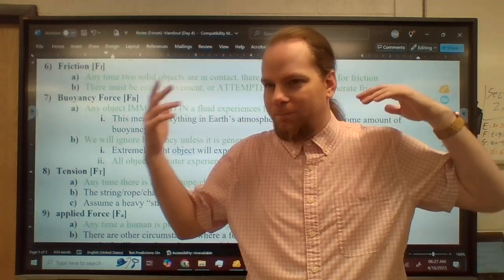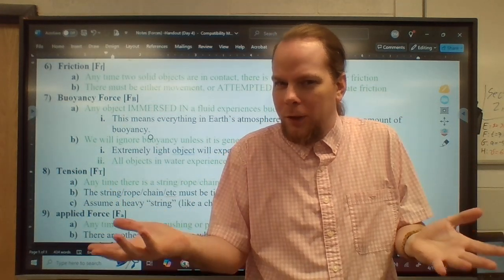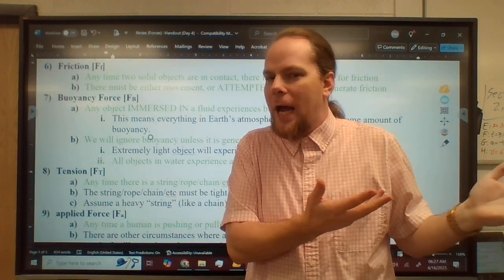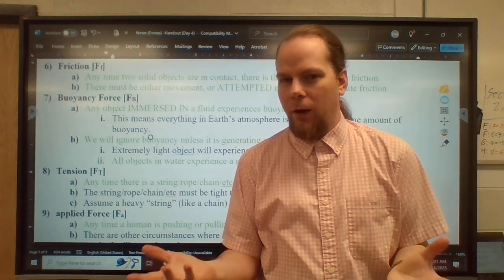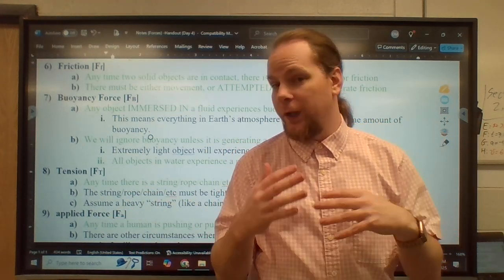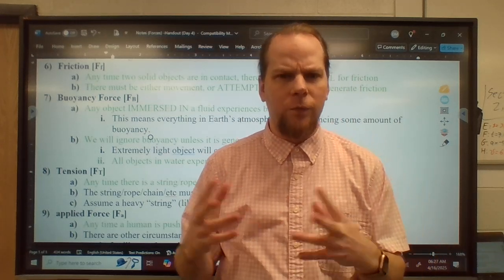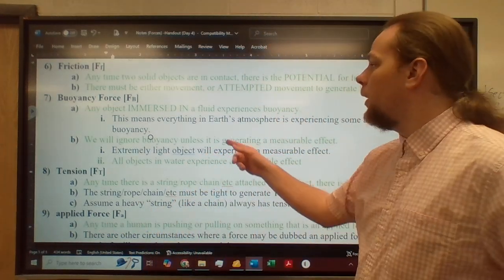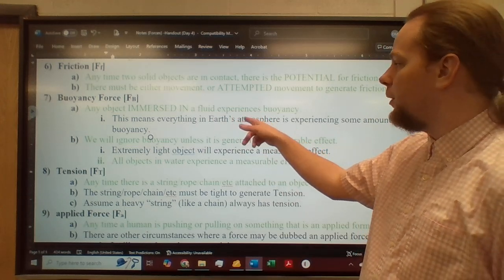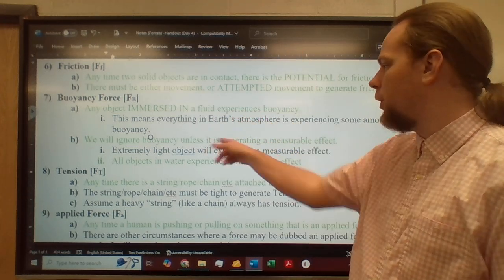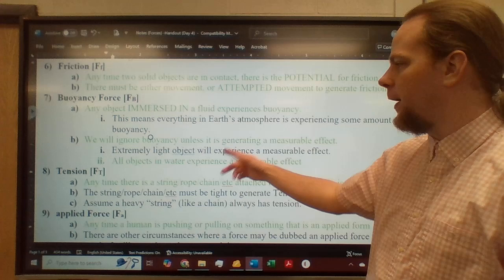But it's so small, again, kind of like drag, that we don't really care about it unless the object is really, really light or if it's moving in certain different fluids. So any object immersed is experiencing buoyancy, but again, we're going to ignore it unless there's a measurable effect.